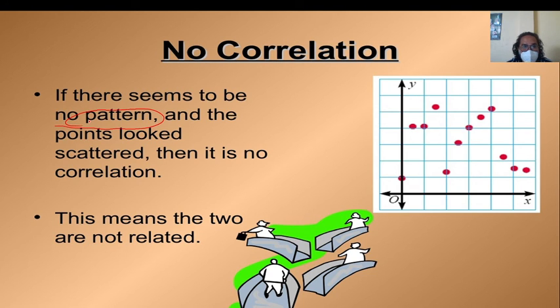And the points look scattered. Pag naka-scattered yung mga points, therefore, ibig sabihin na there is no correlation. This means that the two are not related. Nakuha. Tumingin sa graphical representation, the bunch of dots are scattered. Therefore, ang tawag doon ay no correlation.